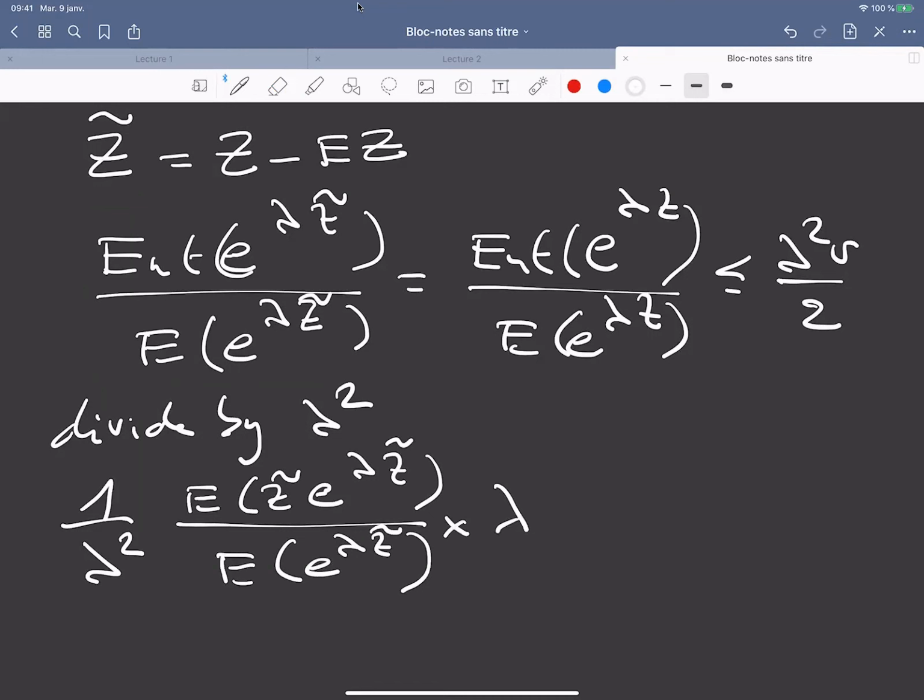This is the first term of the entropy. And the second term of the entropy makes 1 over lambda square and the log of the expectation of exponential lambda Z tilde appear. And this is less than V over 2.